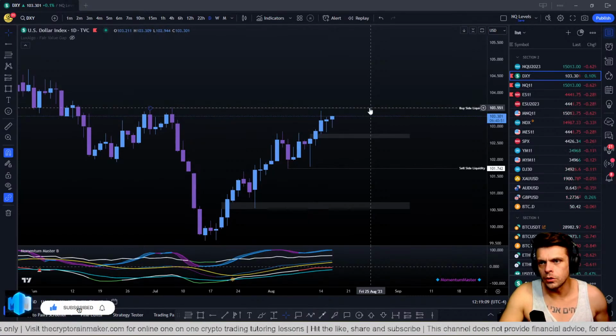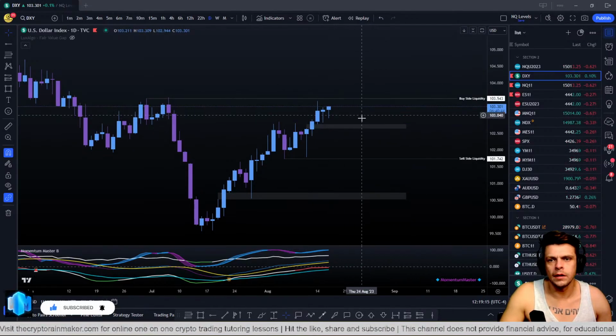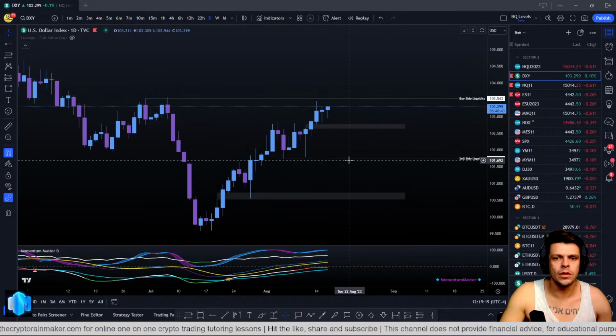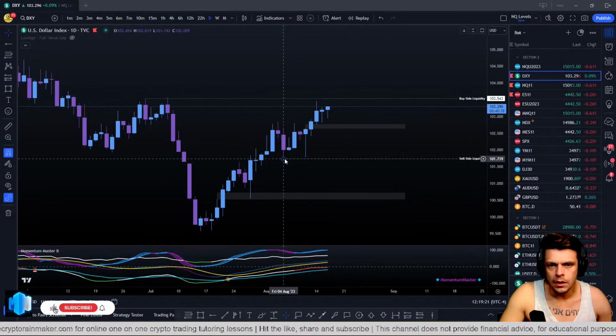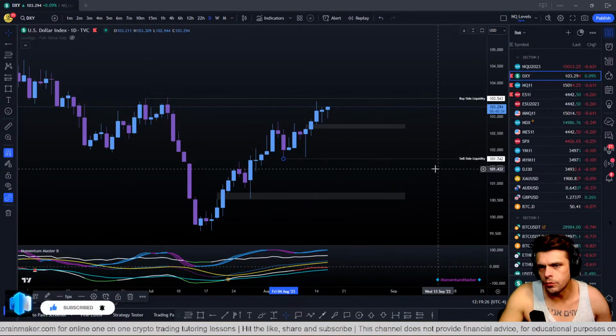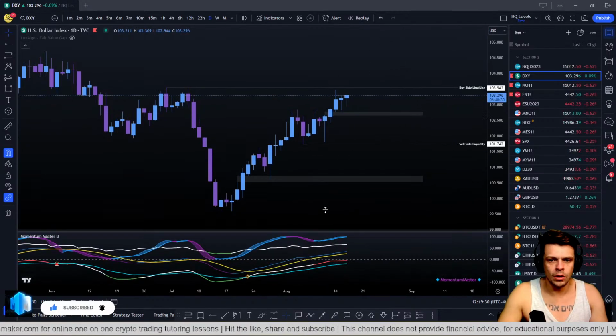So we are looking for the dollar to go into the 103.5 range and then get rejected, and then start to move down towards this imbalance, and then the sell side liquidity below these lows, and these lows are at 101.742. Right, so that's the daily chart for the dollar.